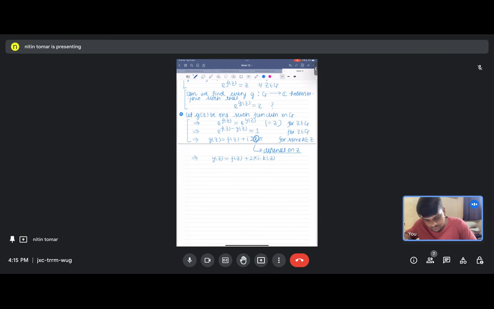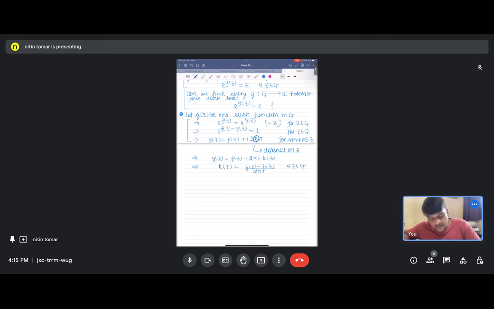So this k(z) is g(z) minus f(z) divided by 2 pi i. See, this is a very important result, and since we have done logarithm, I just wanted to do this for all z in G. I have just shifted.